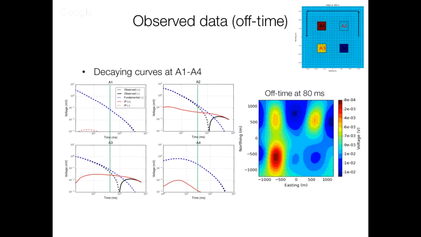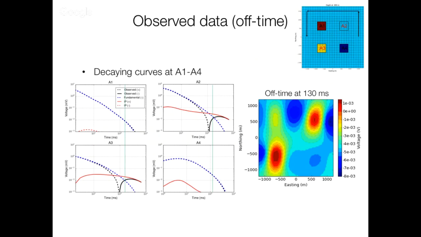If we go to 80 milliseconds, so now we're here, for A2 we're starting to be affected by the IP signal, and similarly for A3.